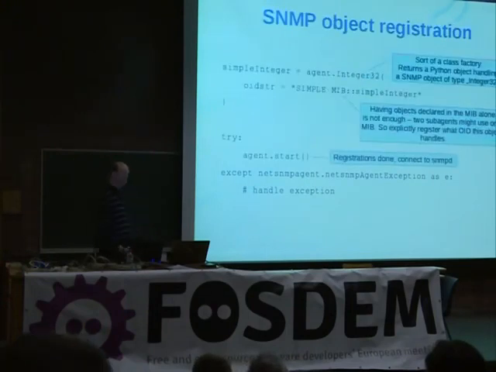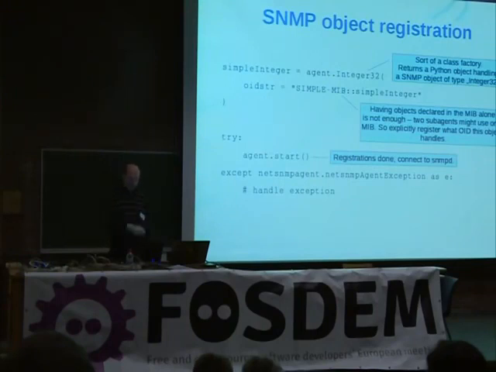Next thing you do: just because you've declared a structure in the MIB file doesn't mean that all those information elements appear magically. You still have to explicitly register them, which makes sense because you could have two agents implementing different parts of one MIB file.